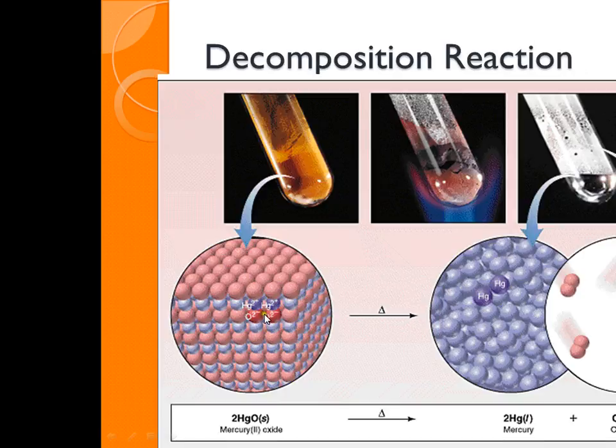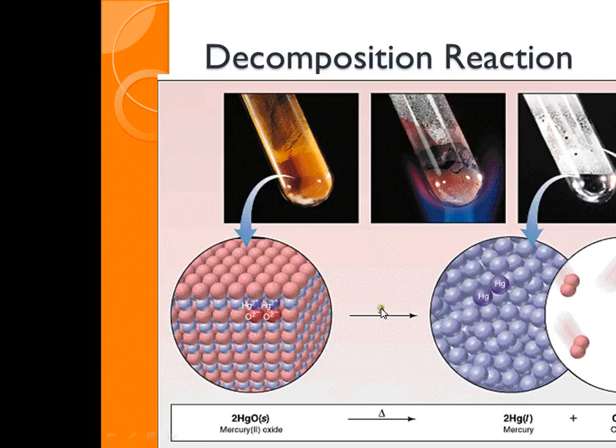Here's a visualization. So here we have mercury oxide, which is a solid. It's this big lump here, and it's a crystal structure like this, with the red representing our oxygens and the Hg representing our mercury.